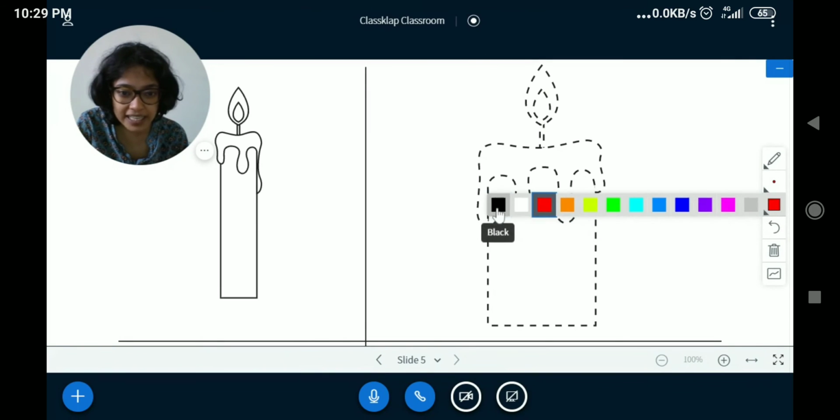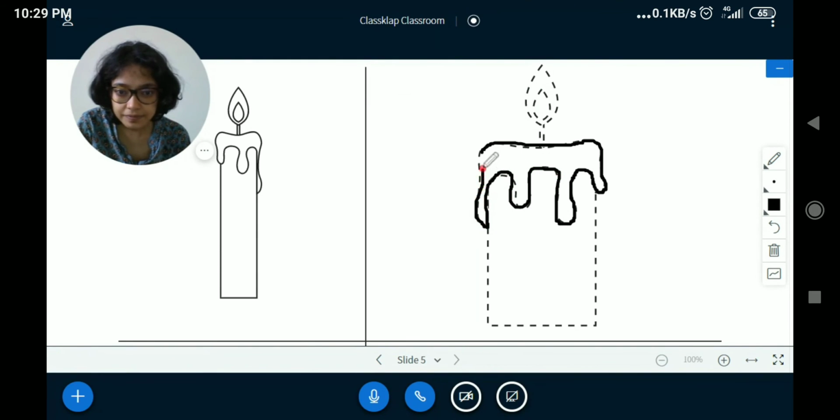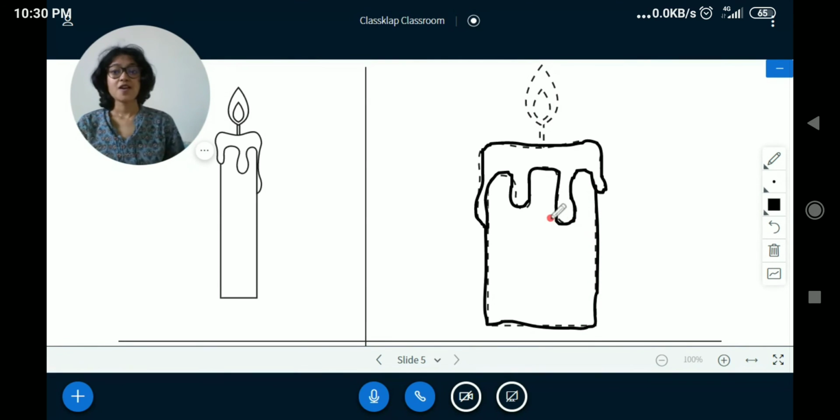So let's trace the thick candle like this. See. We have traced the thick candle.